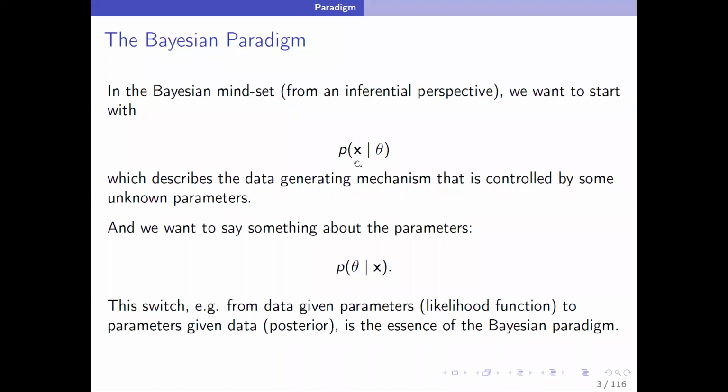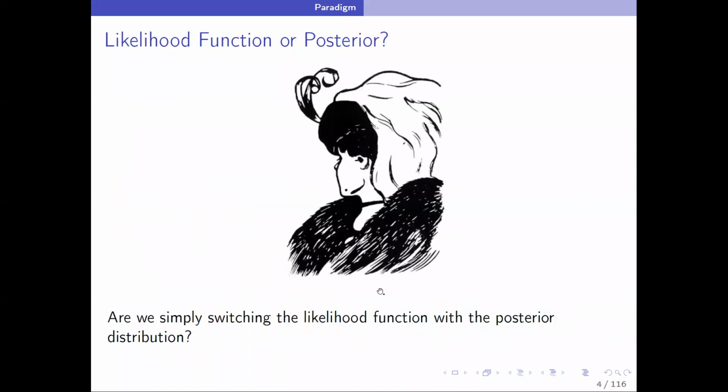From data given the parameter on top, can people actually see my cursor? Yes, we can see your little arrow, little hand. Okay, all right. And then switching to parameter given data, the posterior, is the essence of the Bayesian paradigm. This is it. So now you say, are we talking about likelihood or posterior?